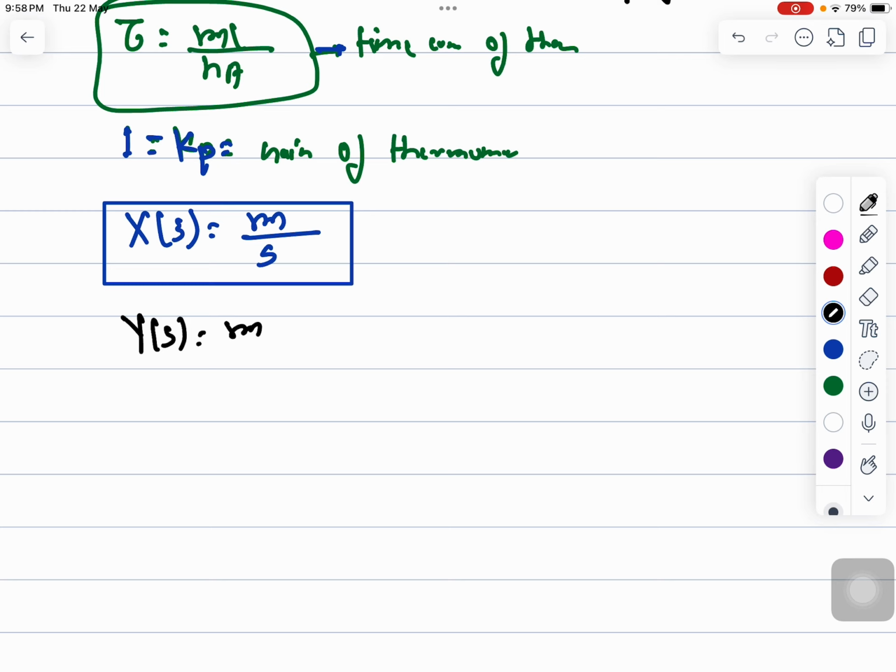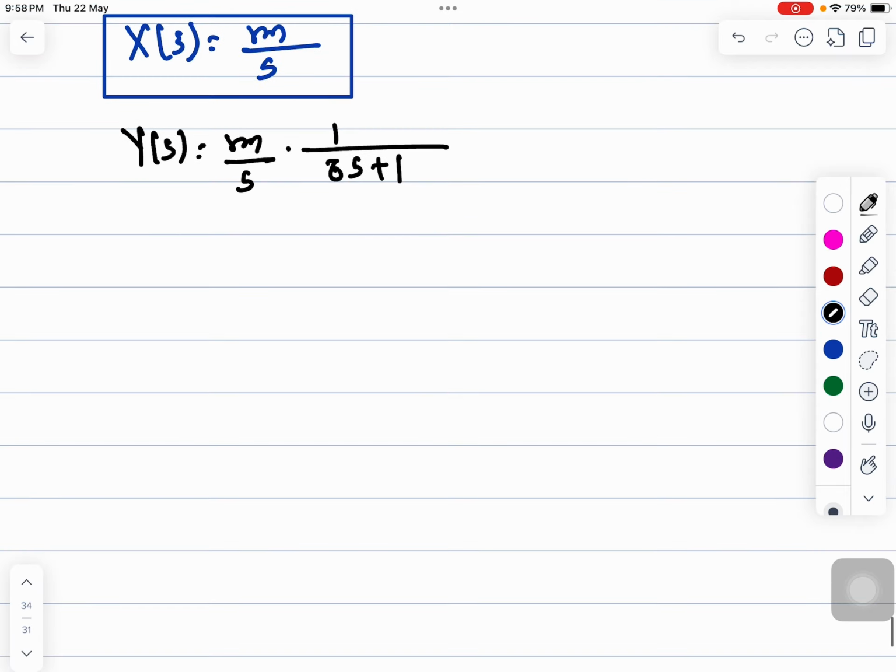Now Ys can be written as m by s into 1 upon tau s plus 1. And now if you take the Laplace inverse of the above equation, what will you get?